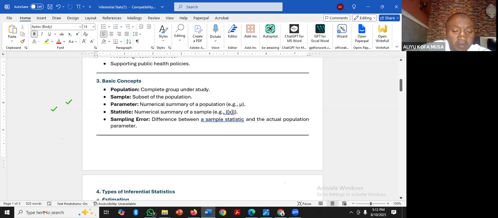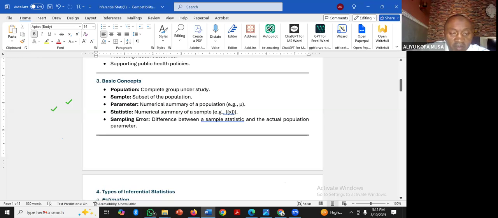We know what is meant by the parameter. It is the numerical summary of the population. Example, the mean. Then we have the statistic, you know, that is the numerical summary of the sample.